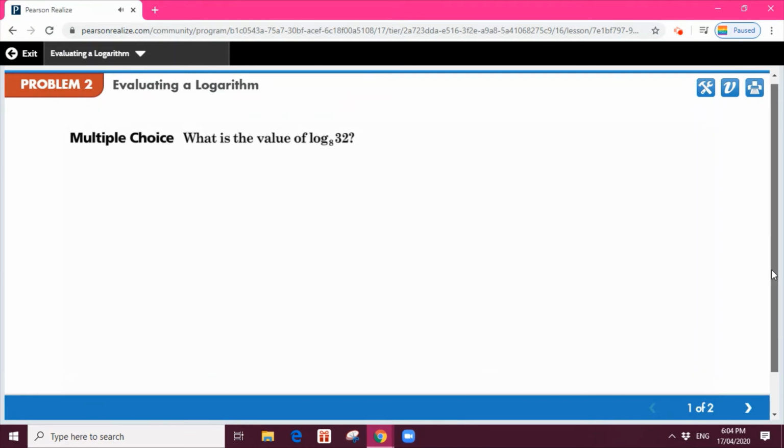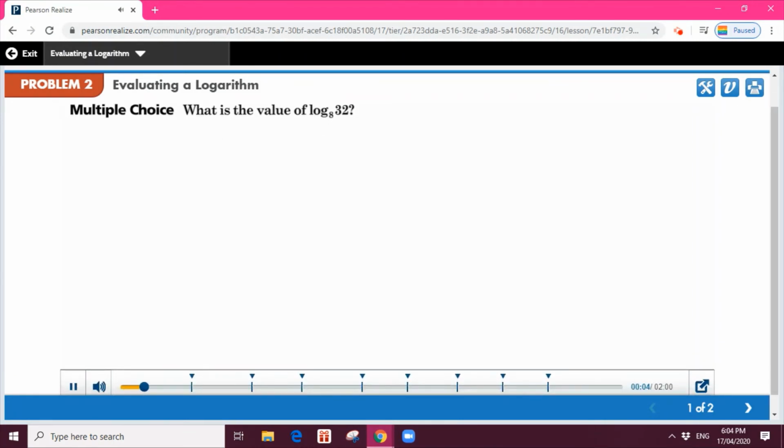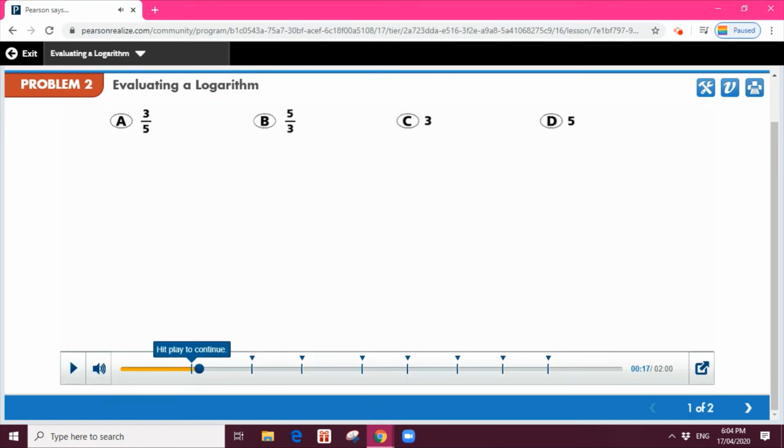In this problem, you will evaluate a logarithm. What is the value of log base 8 of 32? Your choices are A, 3/5, B, 5/3, C, 3, or D, 5. Write a logarithmic equation.